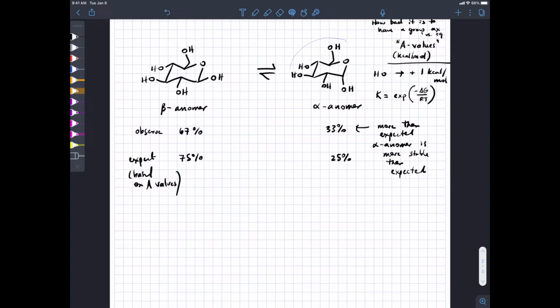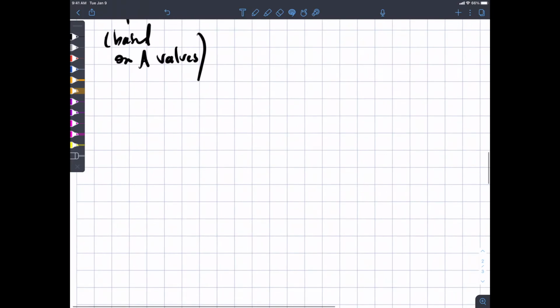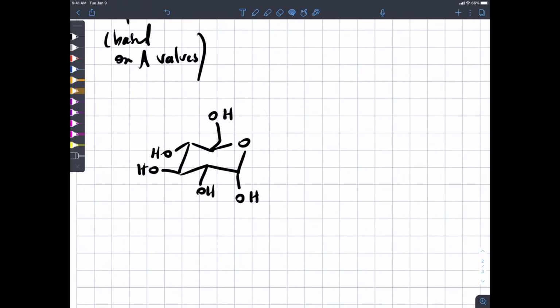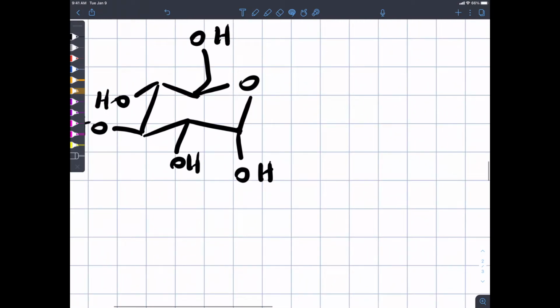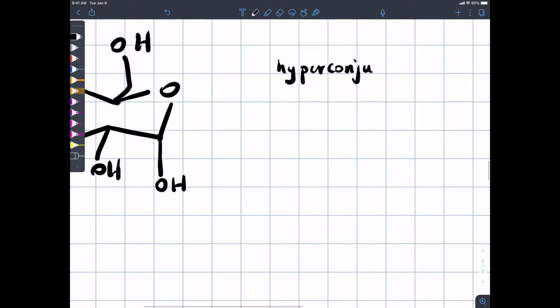And so let's zoom in on the alpha anomer and let's imagine what's going on there that might not be going on in the beta anomer. And this will be maybe difficult for some of you to see if you haven't been exposed to a concept called hyperconjugation before. And we're not going to spend a lot of time on it, but it's interesting to think about here.